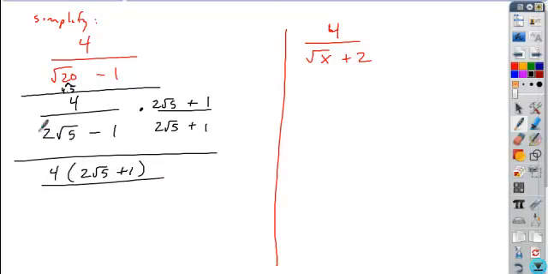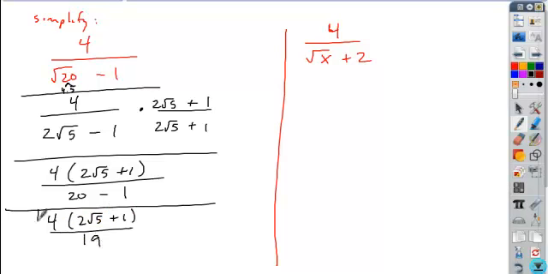Now, when I square this first term, either think of it as squaring the 2 and squaring the root 5, or since we already have the simplest form here inside the radical, just square this term, right? What is the square root of 20 squared? Just 20, right? The root and the power cancel. And then minus the next term squared, 1 squared. And so you get your final answer, 4 times 2 root 5 plus 1, all over 19.